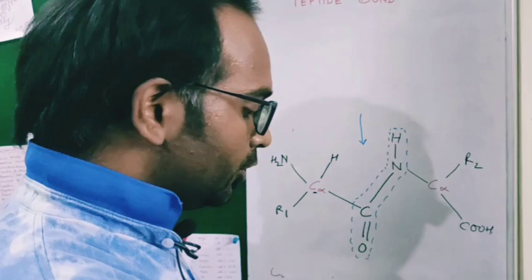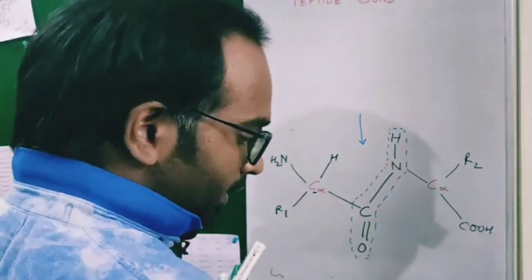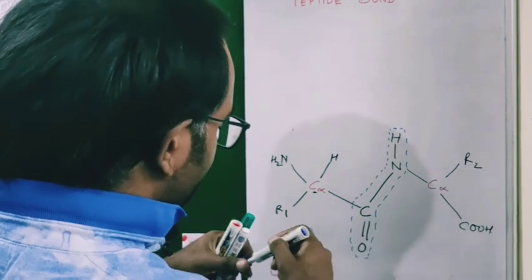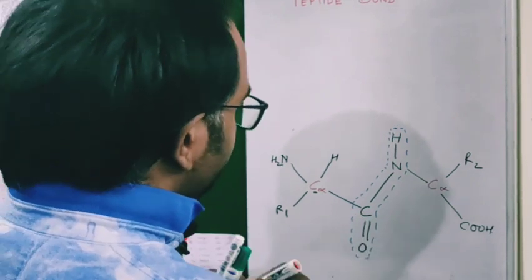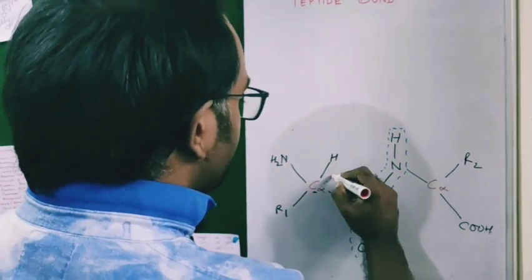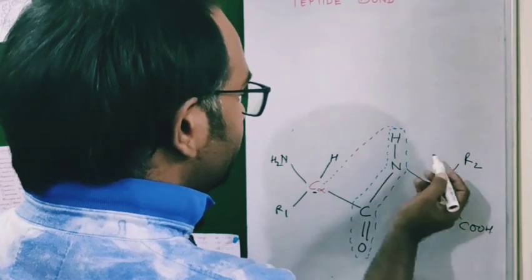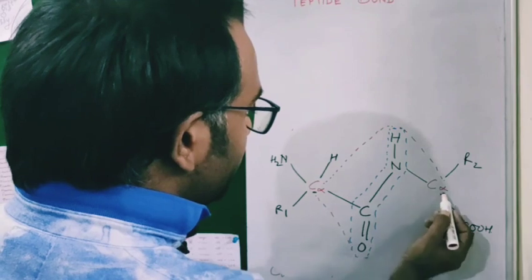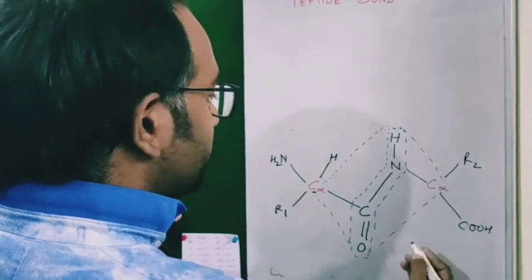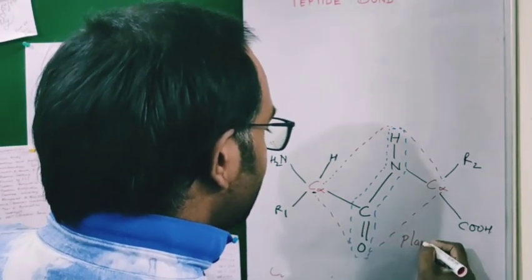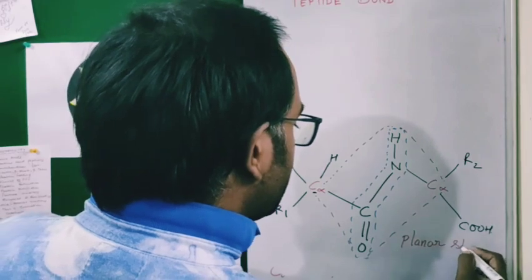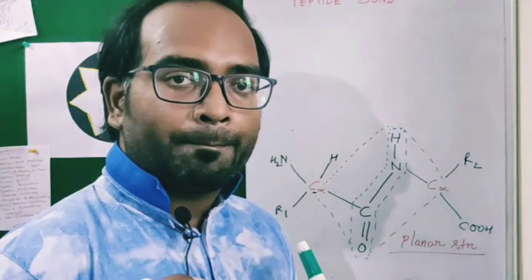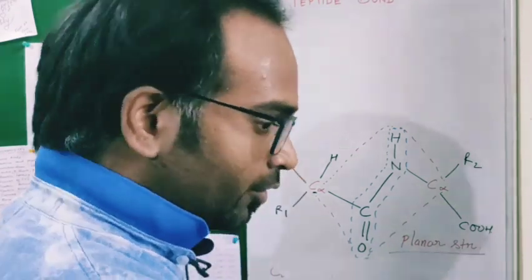So the peptide group is essentially a planar structure. This is a plane in which a peptide group is found. So the peptide group is essentially planar. This was the answer to the second question.